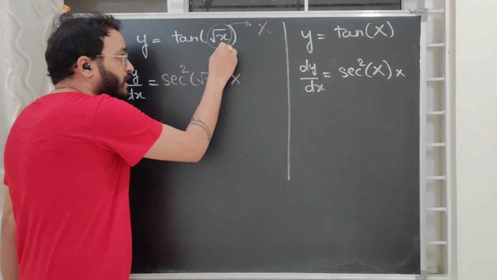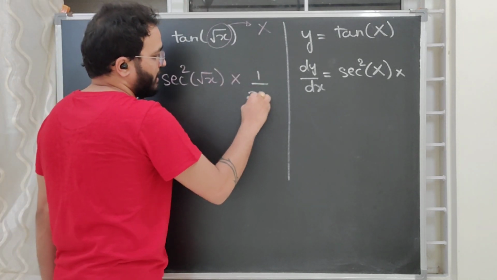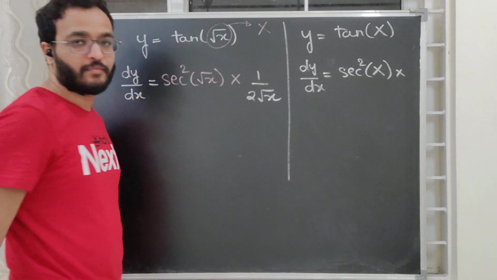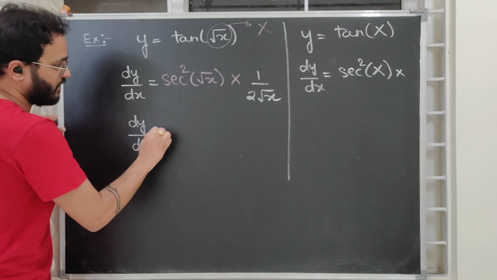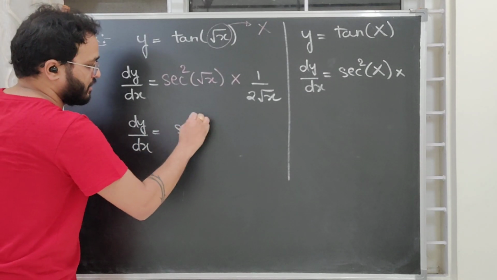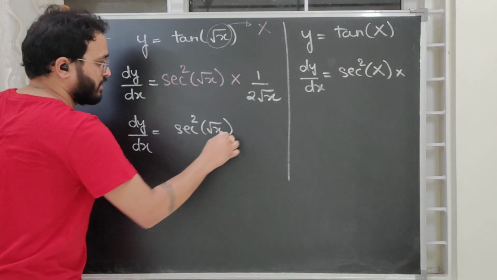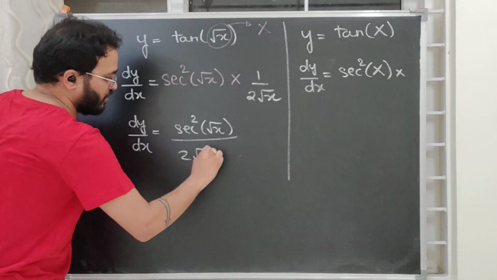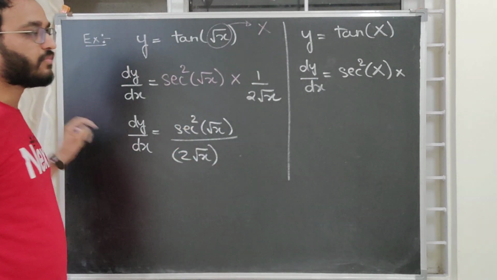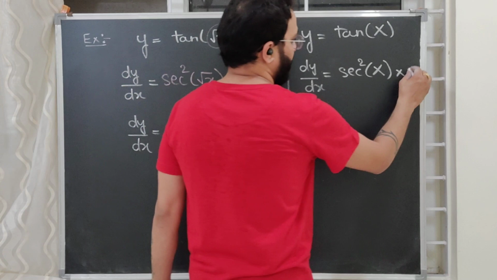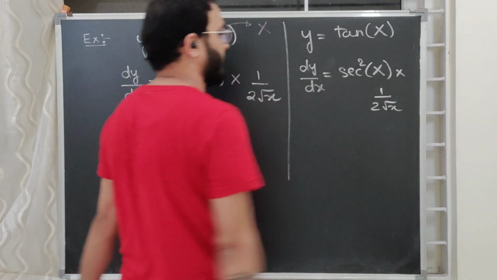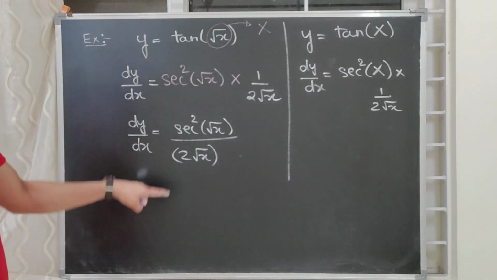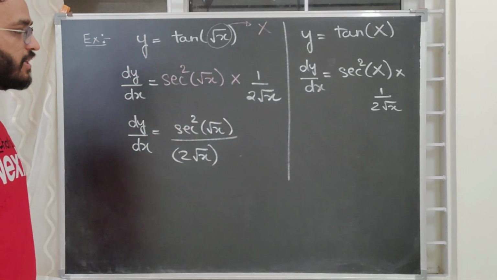Now you have to differentiate this function also. So its derivative is 1 by 2 root x. So your answer will become dy by dx is equal to sec square root x upon 2 root x. Are you understanding, students? I hope this time it is clear.